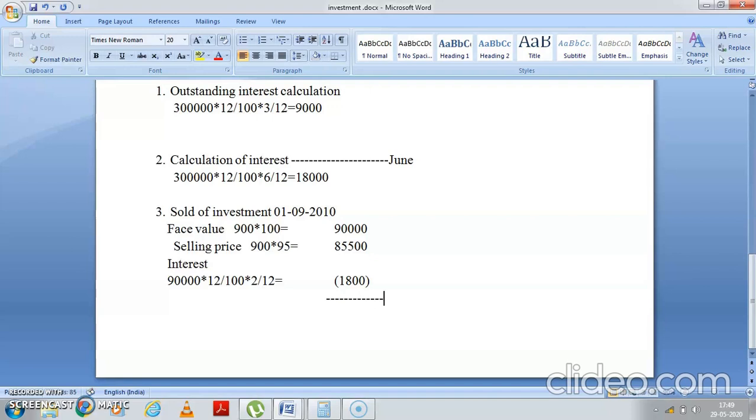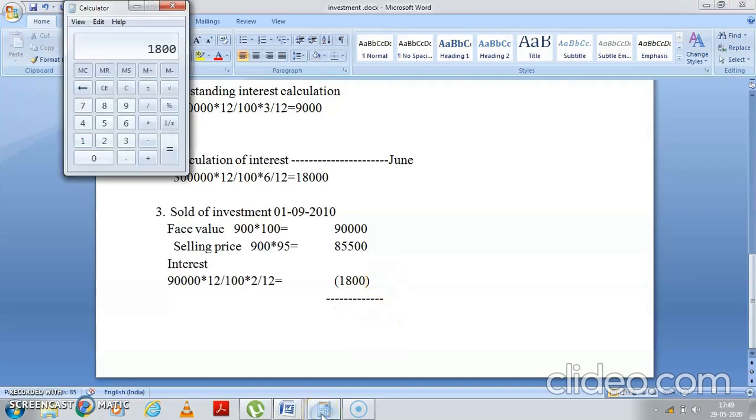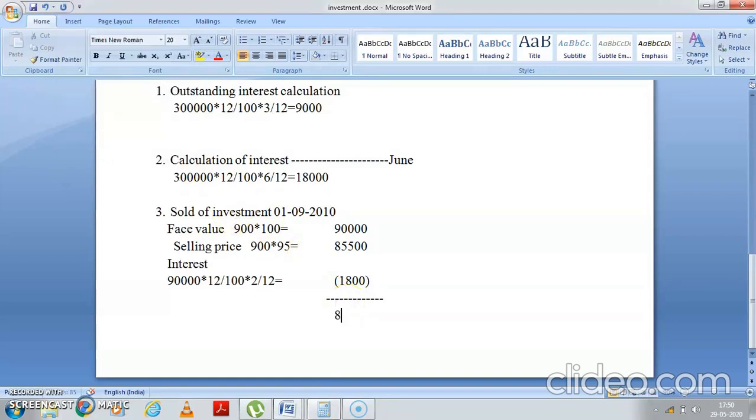You are going to minus it. So what will be the answer after minus? 85,500 minus 1,800. So in GUM interest, you will be getting only 83,700.